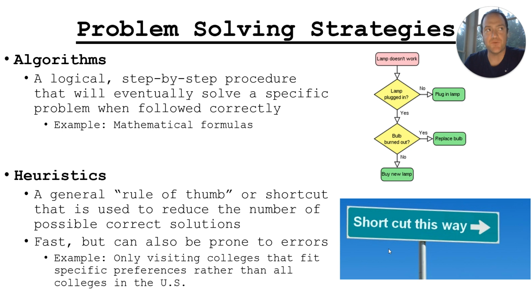When we take shortcuts in our thinking, it doesn't mean that we arrive at a wrong solution, but there's always the chance that we have eliminated a better solution because we took a shortcut, is what I'm trying to say.